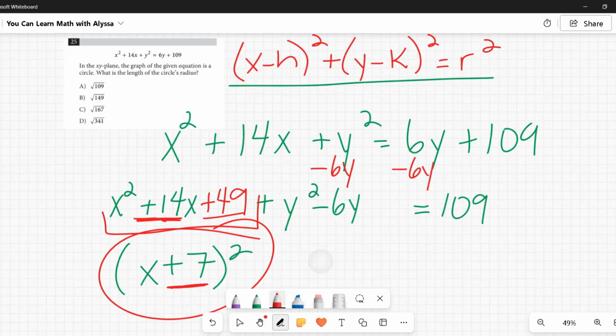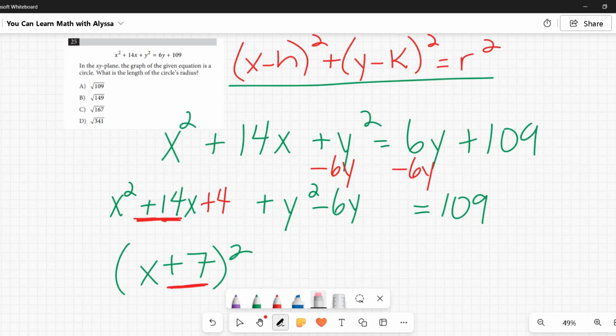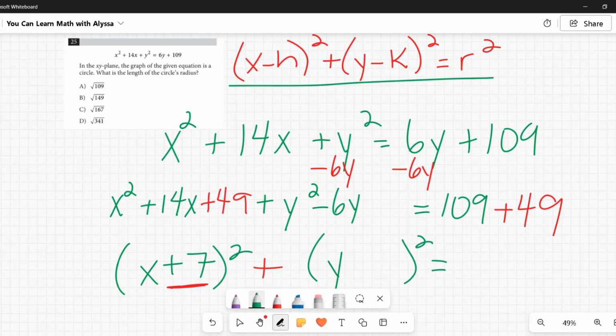Now I just added 49 to the left of this equation. Let me get rid of these little extra lines there. I have to add it over here to the right to keep things balanced. Okay, now I'm going to repeat what I just did with the y's. So I am going to bring down my little plus. I want y plus or minus something squared. I'm going to take this negative 6, the middle constant.